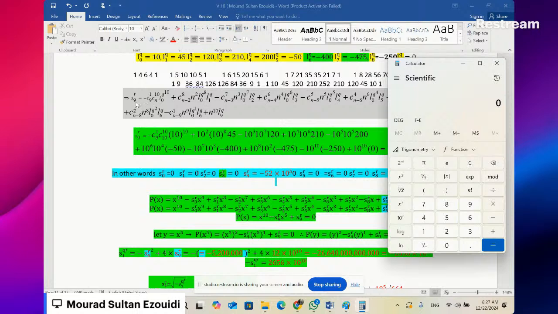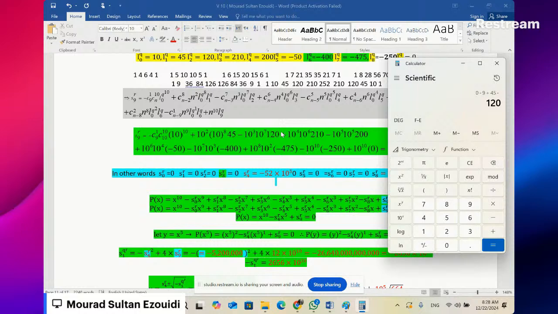The formula is negative, minus 1 times the factor. So it will be minus 9 times plus 45, plus 45, minus 120, because this is minus, plus, minus, plus alternating.